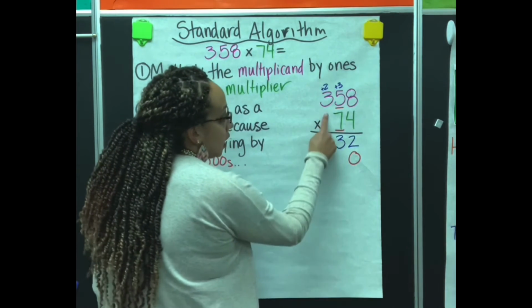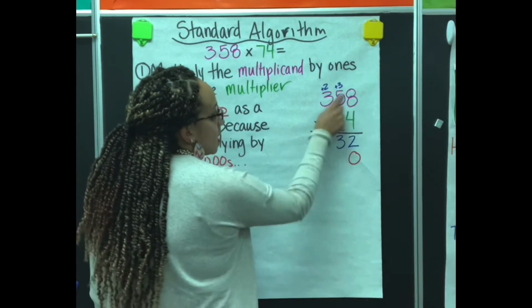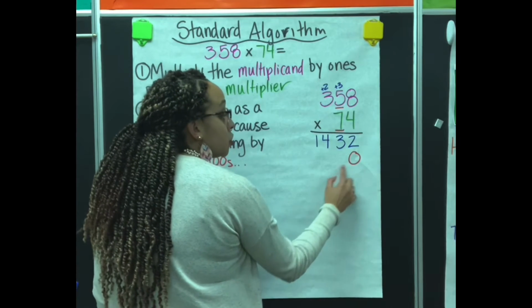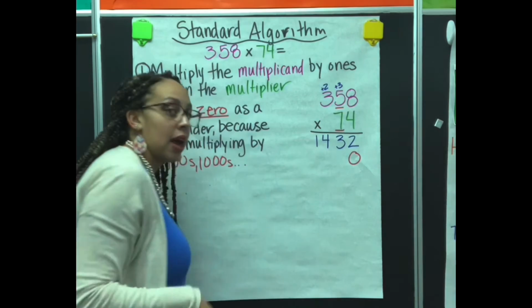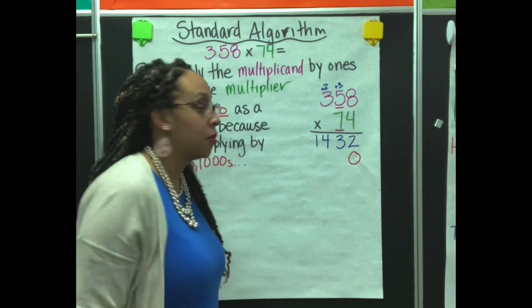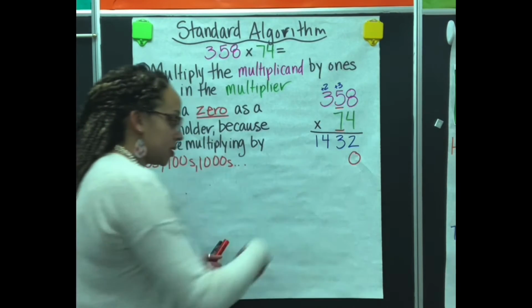So if we had a 1 here, once we got through the 7, and we got to the 1 or the 5 or whatever number here, we would put 2 zeros because we're not multiplying by 1, we're not multiplying by 10, we're really multiplying by the 100 place.